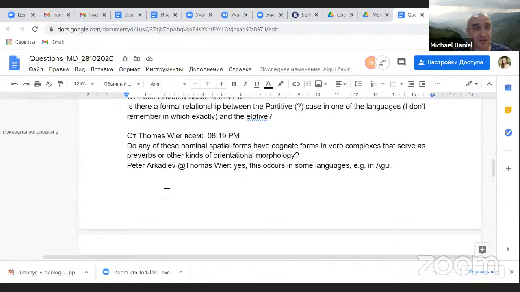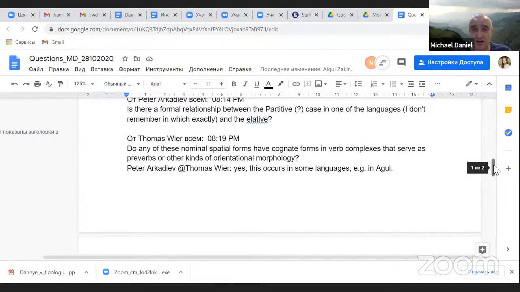Let me see. Yeah. Do any of these nominal spatial forms have cognate forms in verb complexes? Okay, that does not happen in all languages. But in some Lezgic languages, you have a clear relation between verbal prefixes and nominal suffixes. So the commonplace in Daghestani linguistics is to suppose that both developed from some kind of postpositional elements in noun phrase and prepositional elements in verbal phrase.